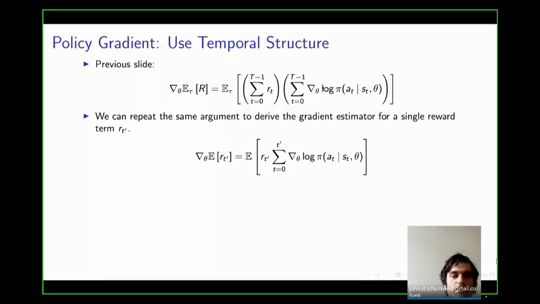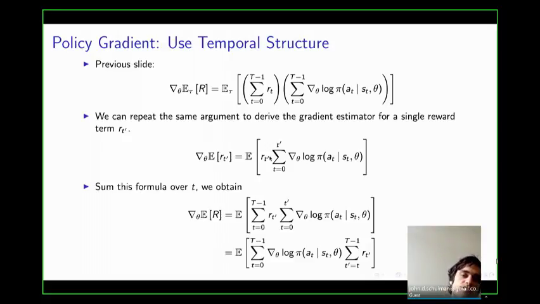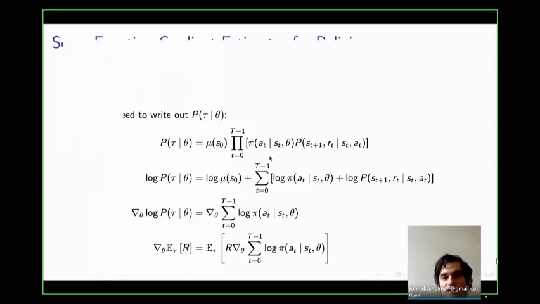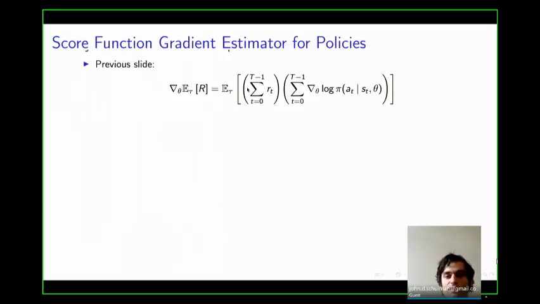The way we do that is we can run through the exact same argument to get the gradient estimator for a single reward term. In the previous slide, we were trying to get the grad expectation of the sum of rewards. Now we're just going to get grad expectation of a single reward, r sub t prime.